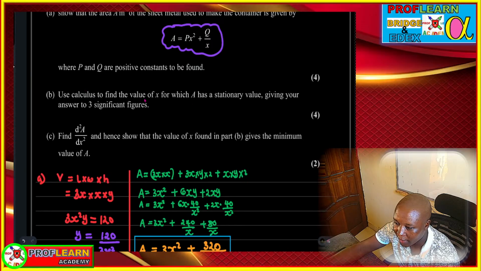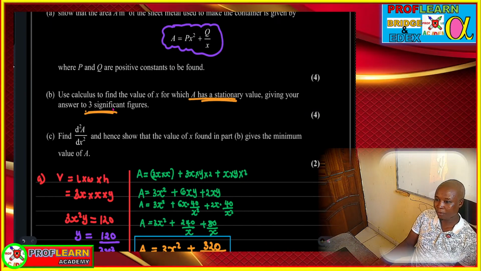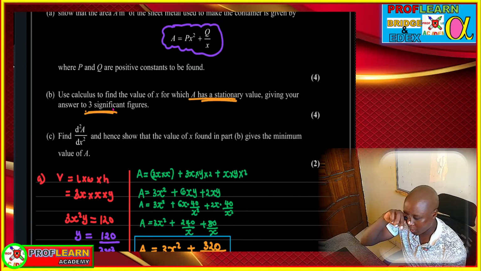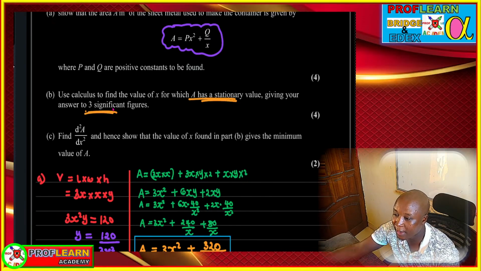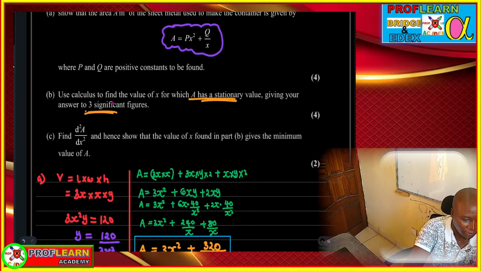Let's check also B. Use calculus to find the value of x for which A has a stationary value, giving your answer to 3 significant figures. Sometimes you'll find a question where I tell you to find the value of that area. So basically that's what we are supposed to do there.